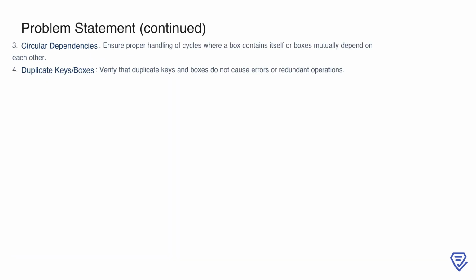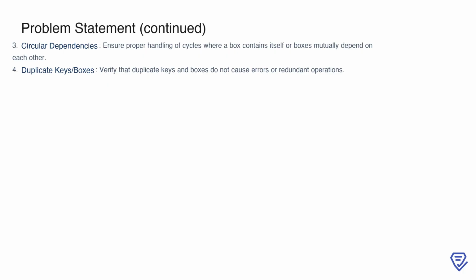There are a few important constraints and edge cases to consider. For instance, if the initial boxes list is empty, then there are no accessible boxes, and you must return 0. Similarly, if all the boxes are locked and there are no keys available, you cannot open any boxes, so the result is also 0. Another scenario involves circular dependencies, where a box might contain itself or boxes are mutually dependent on each other.